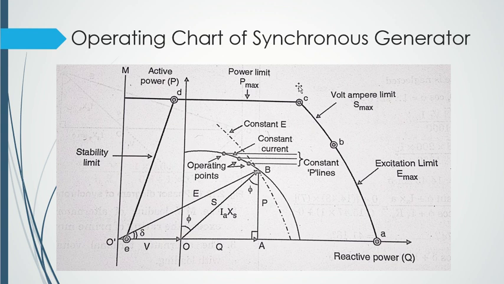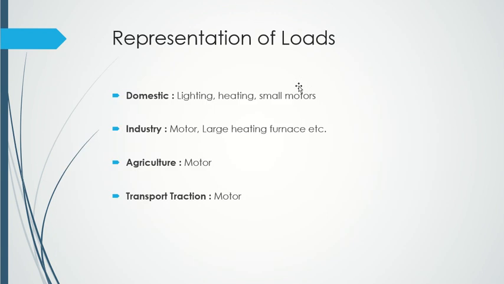Now let's move on from the operating chart to the last point of discussion today. We are going to see the different kinds of representation of loads. So what are the different loads?